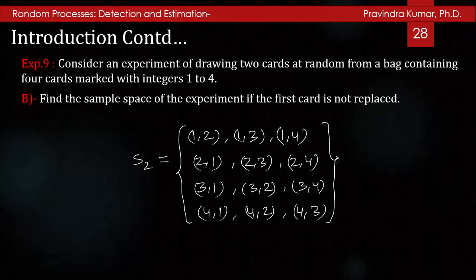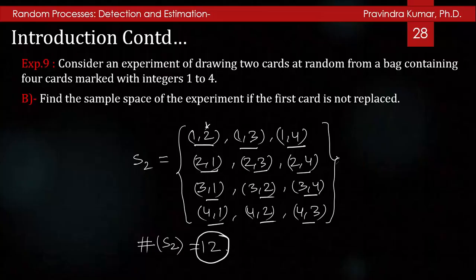So the sample space will be (1,2), because I have already selected the first card, so it will not appear again. So (1,2), (1,3), (1,4), (2,1), (2,3), (2,4), (3,1), (3,2), (3,4), (4,1), (4,2), (4,3). And here you can see the total number of sample points is 12, and in the previous case when I was replacing the card, it was 16.